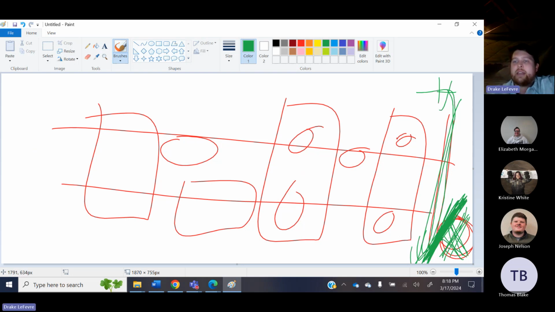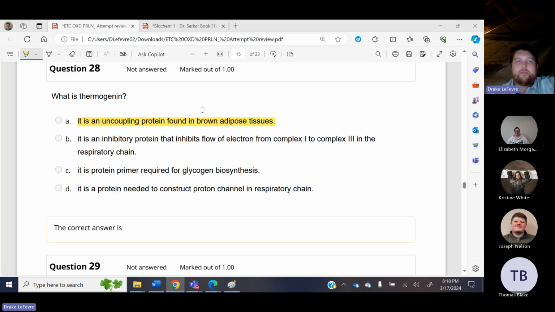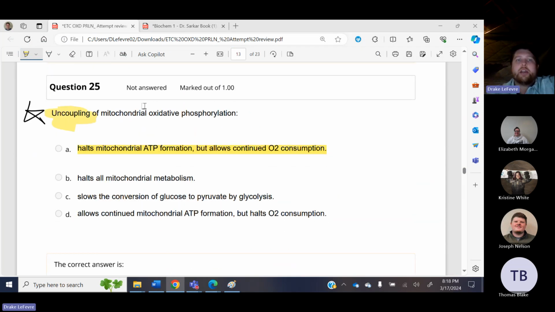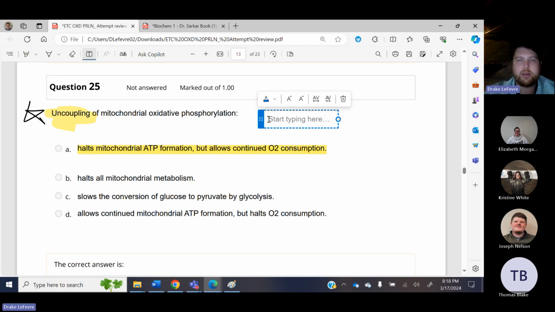Instead of there being ATP formation within the brown fat, it just leaves the exergonic release of the hydrogens moving across in order to heat up the body. That's also why, up here, this is uncoupling, so it's going to stop the ATP synthesis, but the rest of the reaction occurs.